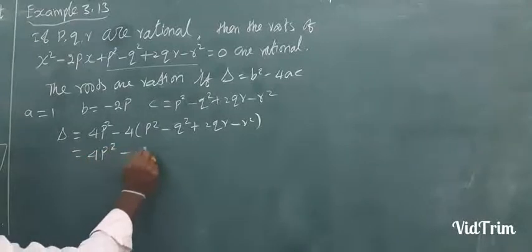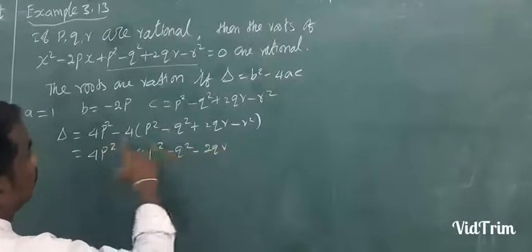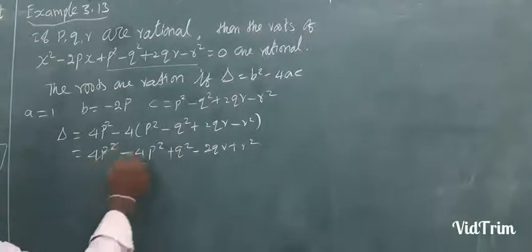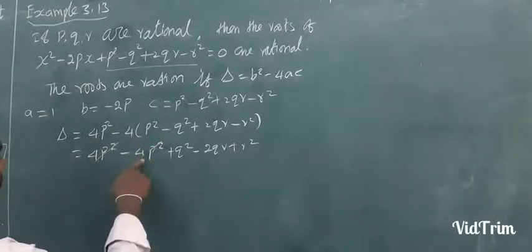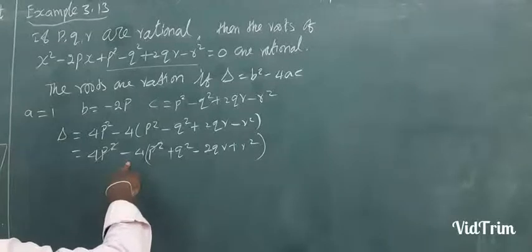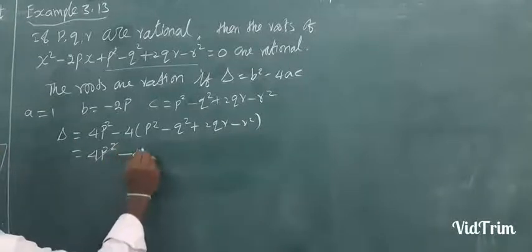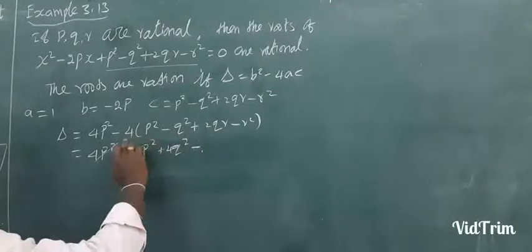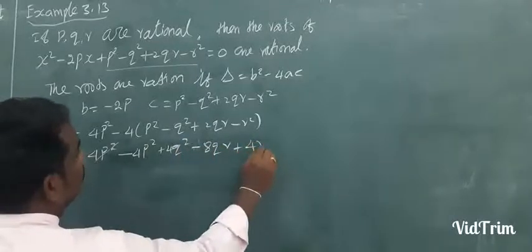Then 4b square minus 4b square plus 4q square, minus into plus minus 2qr gives minus 8qr, and minus into minus plus 4r square.